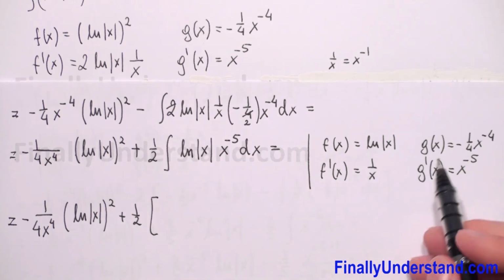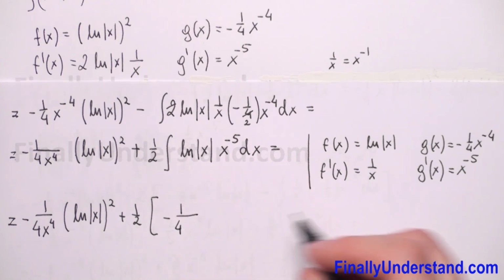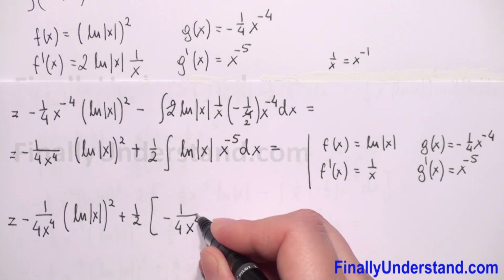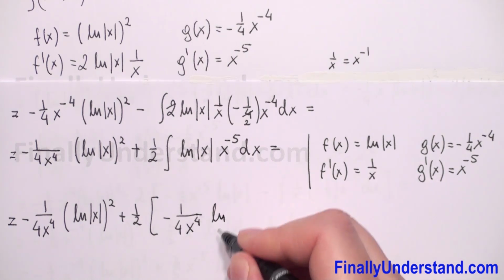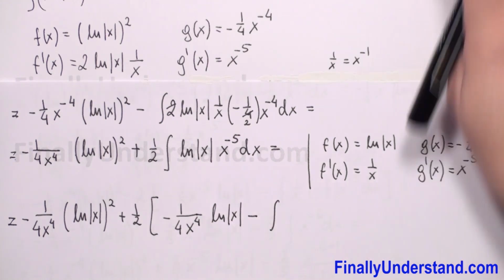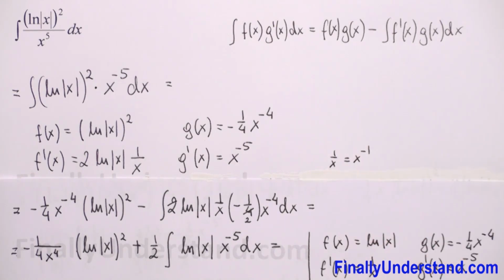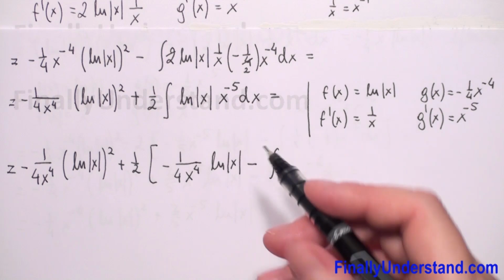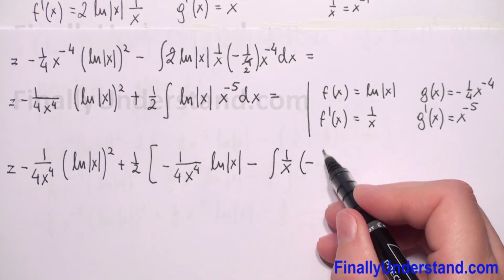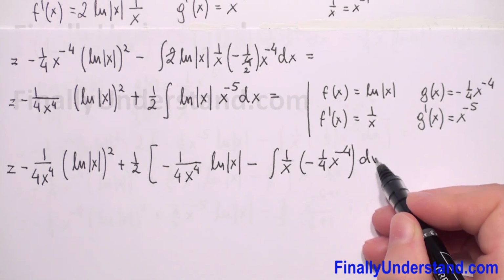So I will put first this expression, negative 1 over 4, because we have negative power 4, so I will put this x in the denominator, and we have times the natural logarithm of the absolute value of x, and now we have minus the integral, I just use this formula, minus the integral of f prime times g. F prime is 1 over x times g, so times negative 1 over 4 x to the power negative 4, with respect to x, we have the integral.